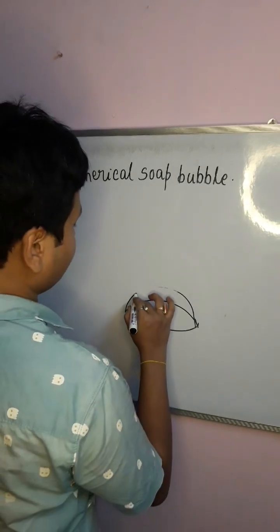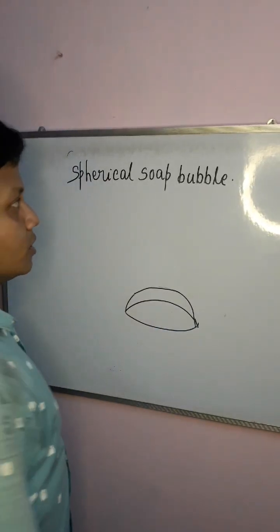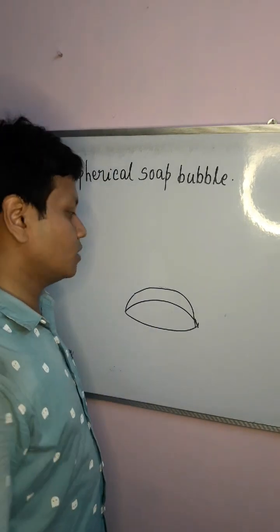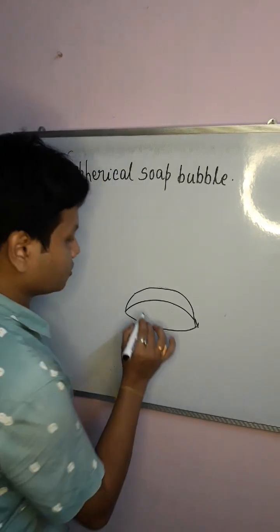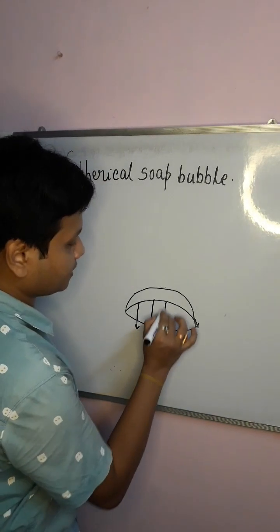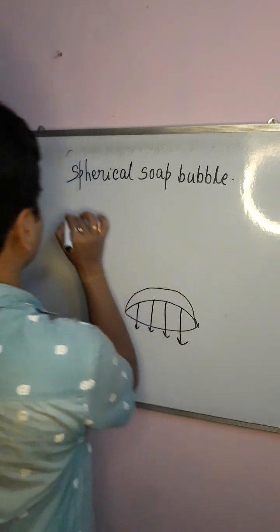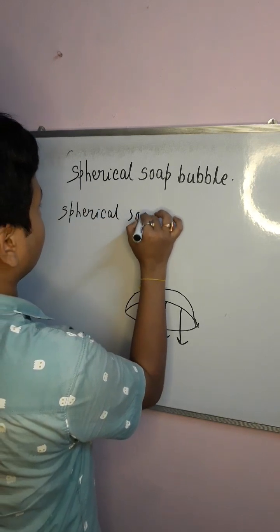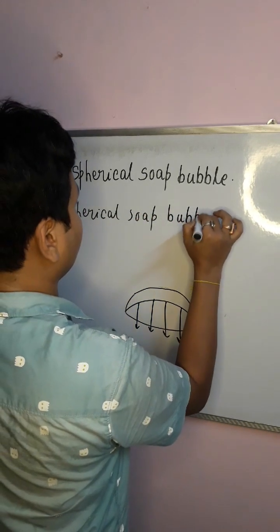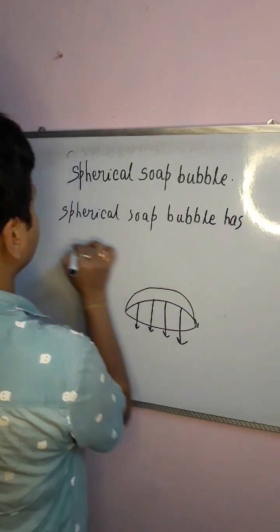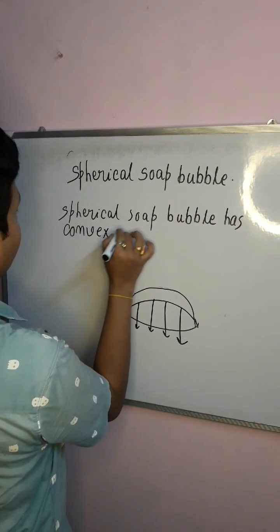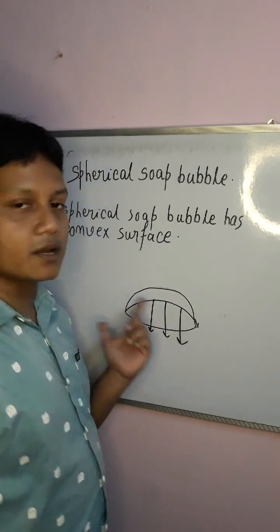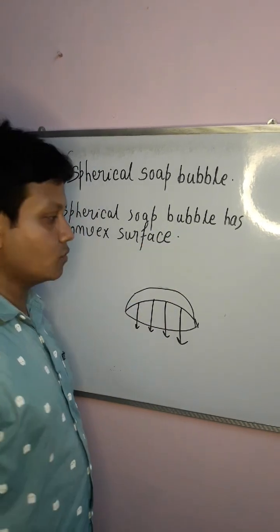So what happens? Previously we saw that for a convex surface the resultant force acts in the downward direction. Resultant force due to surface tension always acts in the downward direction. So a spherical soap bubble has a convex surface, so obviously the force due to surface tension acts in the downward direction.